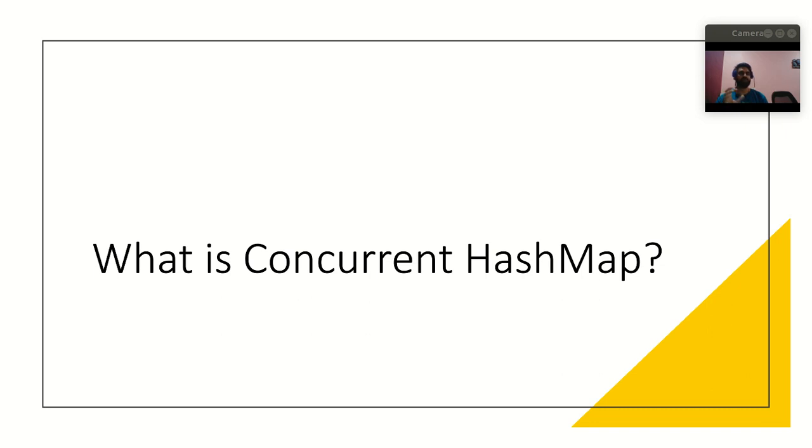By using a CopyOnWriteArrayList. CopyOnWriteArrayList is one of the collections you can use, and it is fail safe. It does not throw an exception if any other thread tries to update that collection while iterating. So this is an example of a concurrent hash map and how it works.